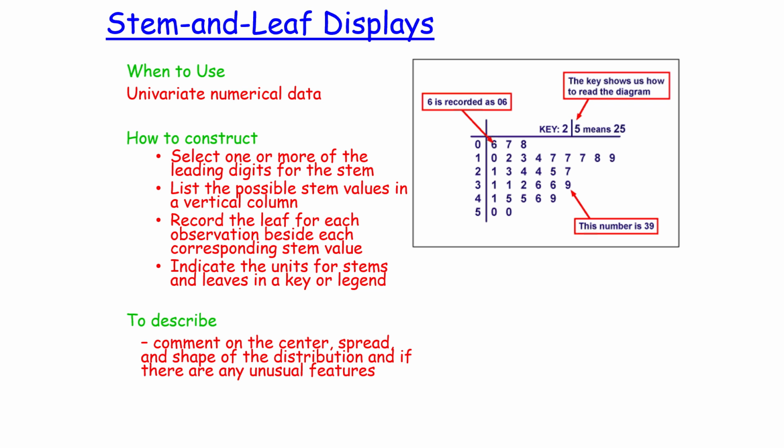Now to describe, you're going to comment on the center, the spread, and the shape of the distribution, and if there are any unusual features. So if it asks you to describe a stem and leaf display, again, you need to comment on the center, the spread, and the shape of the distribution, and if there are any unusual features.